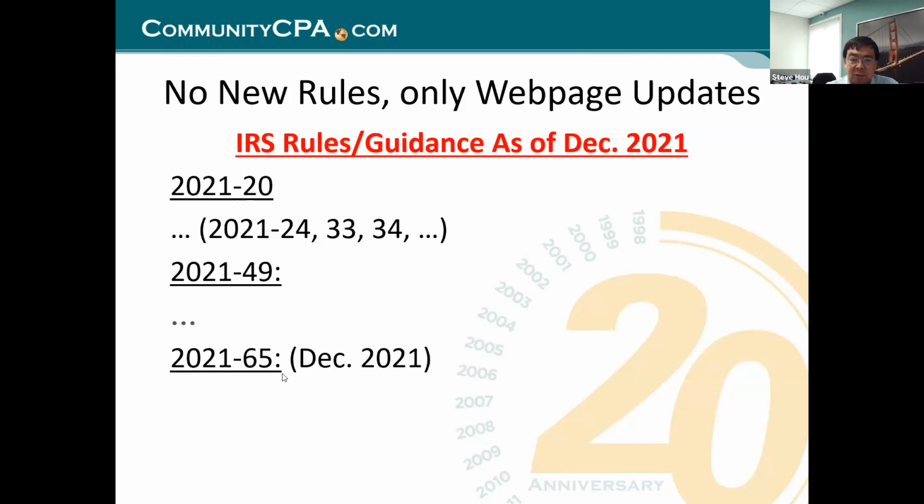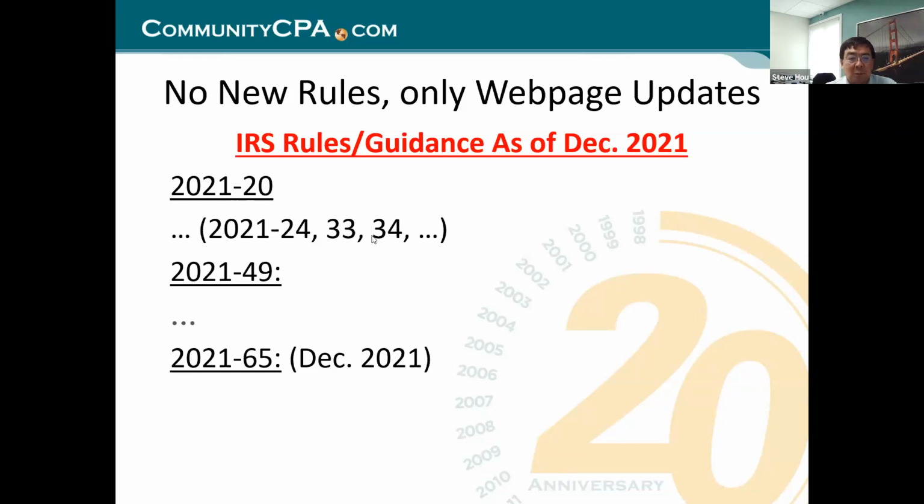So 2021-65 is almost surely the last ERC guidance or rule published by the IRS. Those three are the most important ones, if you're trying to refer to IRS guidance to determine whether you're eligible and how to do the calculation. Those are probably the three most important IRS publications.